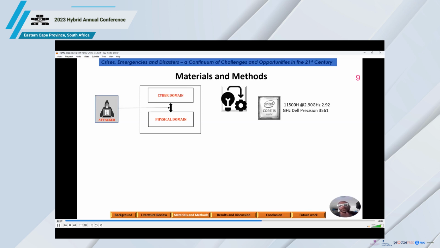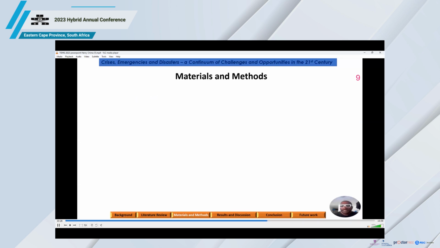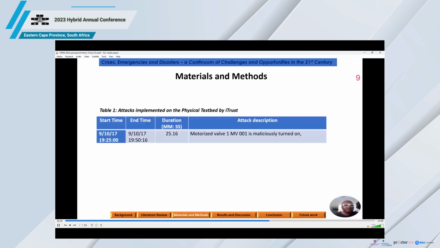Additionally, the system that was used in implementing the digital twin is a Dell Precision 3561 system that has 500 gigabytes of storage with an Ubuntu operating system, and the DALSIM architecture is installed on the Ubuntu platform.